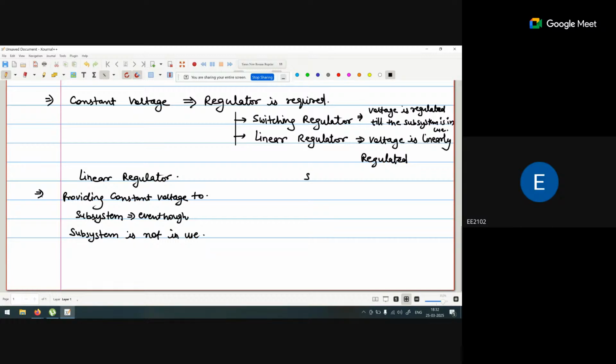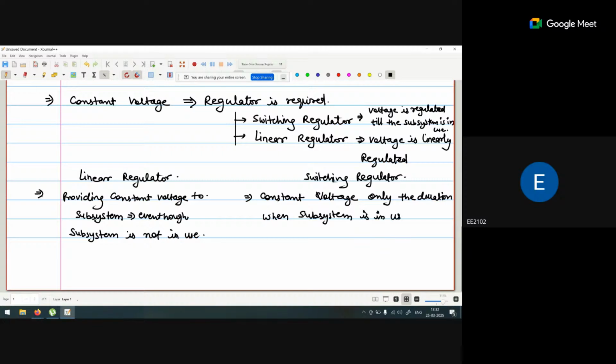Whereas the switching regulator is providing me the constant voltage only for the duration when the subsystem is in use.